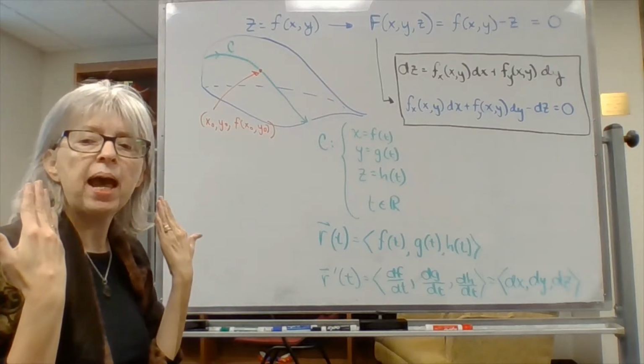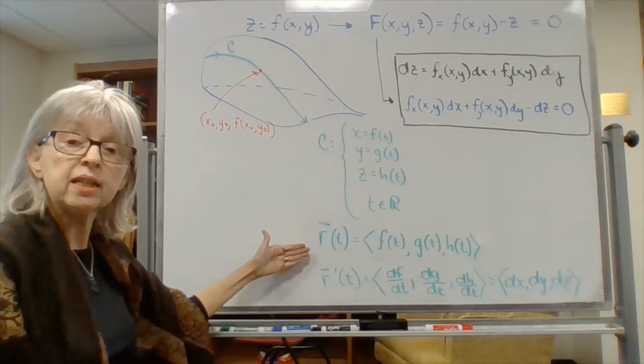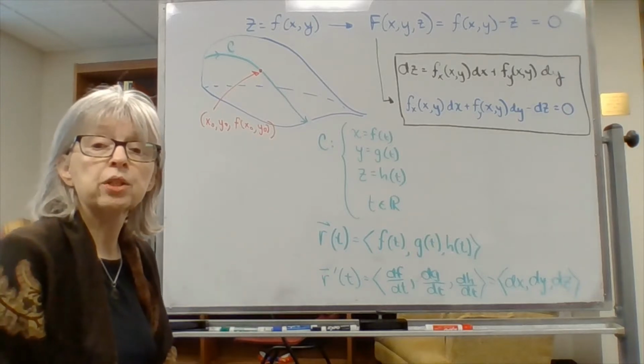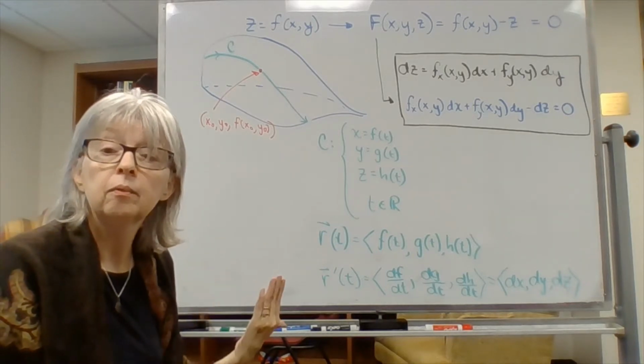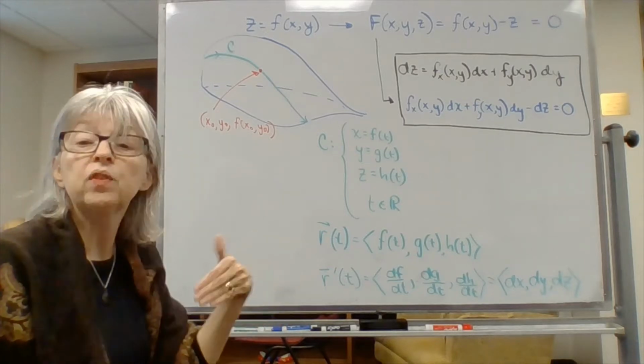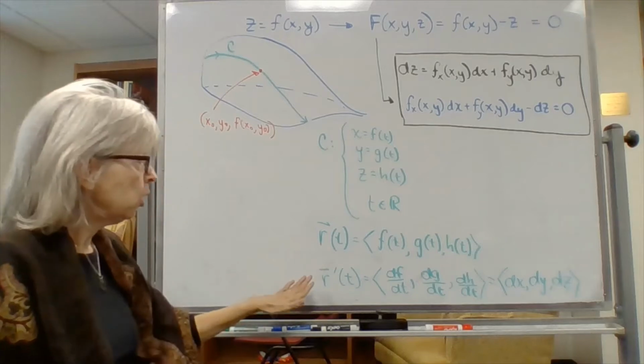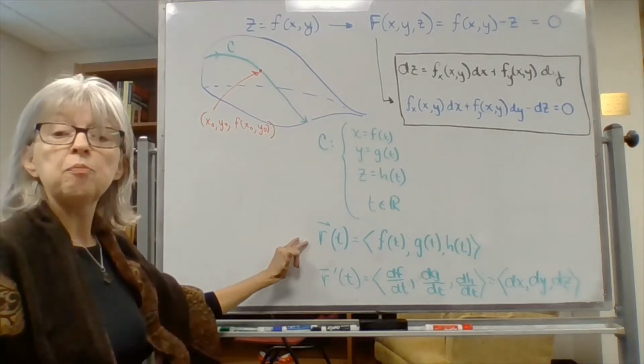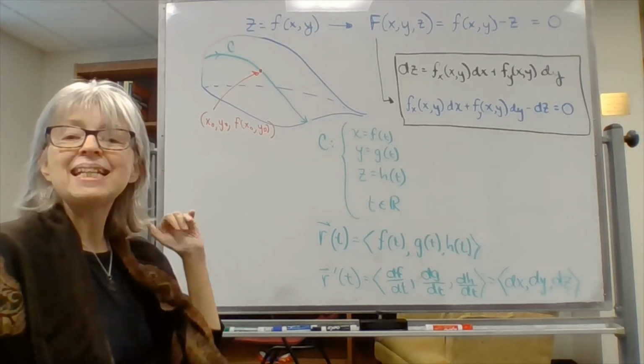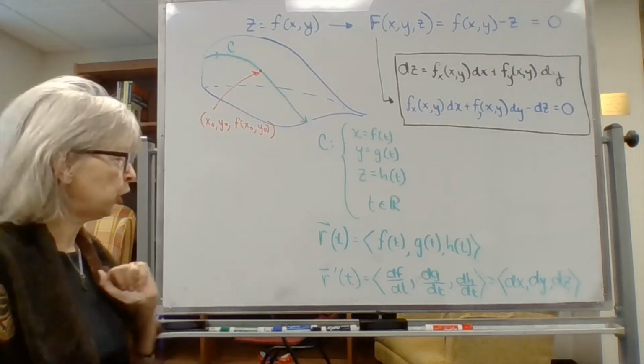Thinking back into the past, the derivative of a vector valued function, if r is a position vector, then this is velocity, but what I really want to deal with is the calculus concept. The derivative of my vector valued function is a tangent vector to the curve.